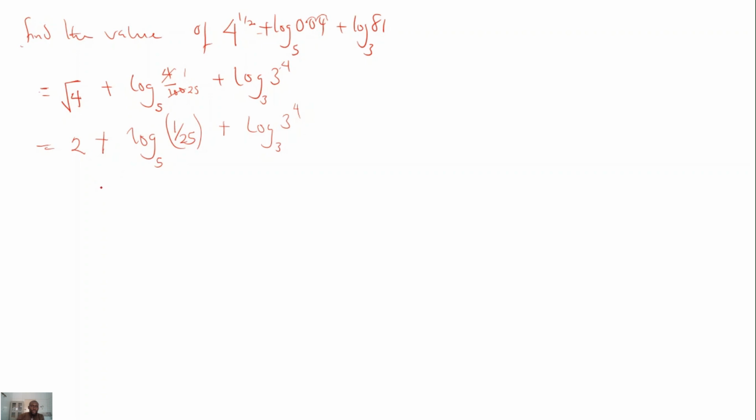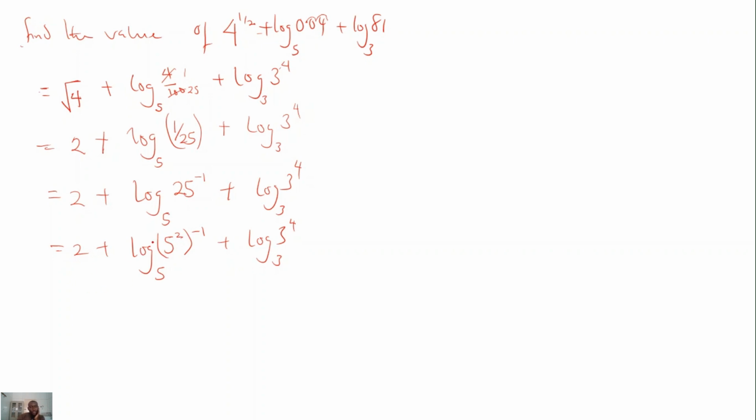Now, this one can be expressed as 2 plus log 25 raised to power minus 1 base 5 plus log 3 raised to power 4 to base 3. Okay? Now, this one can be re-expressed as 2 plus log 5 raised to power 2, all in brackets raised to minus 1, base 5 plus log 3 raised to power 4 base 3. Okay?